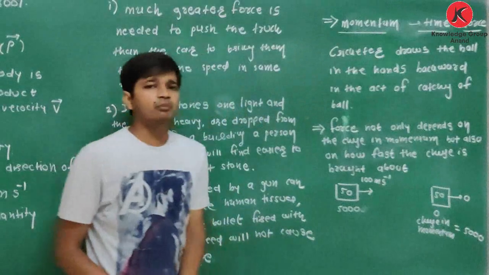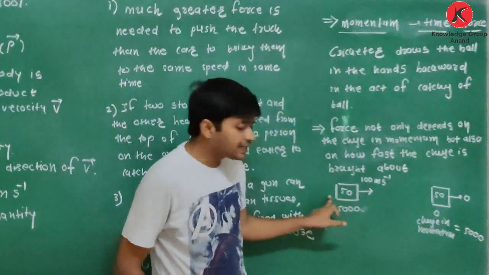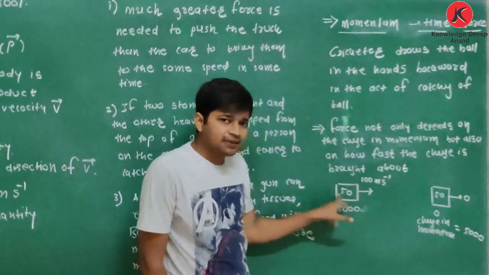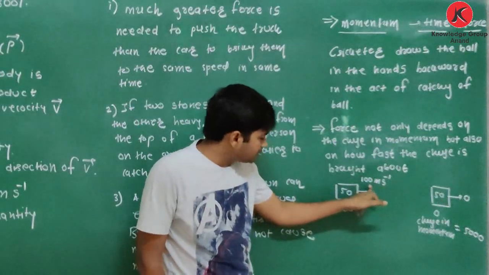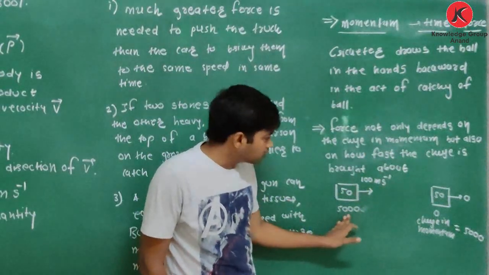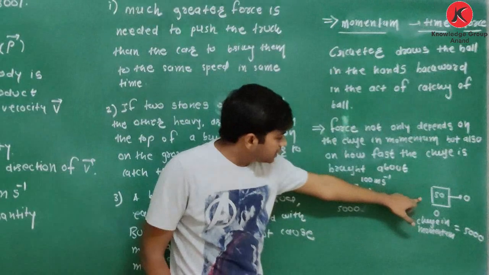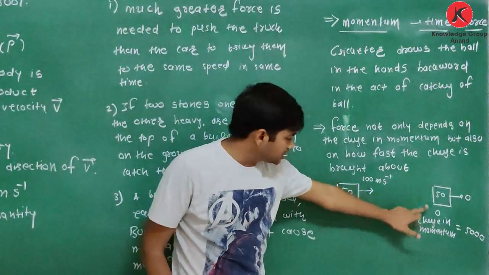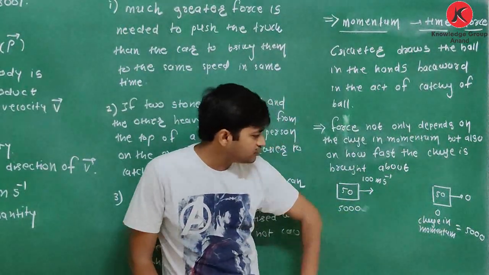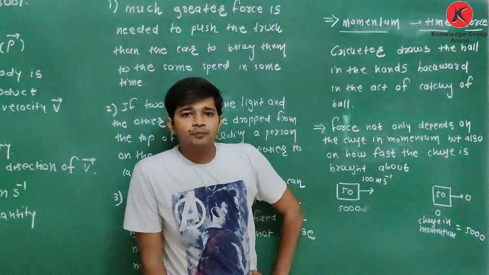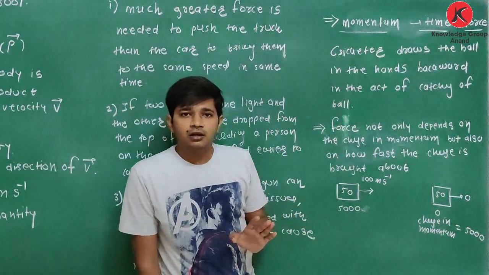So yes, that is the change in momentum. One car having mass 50 kg is moving at 100 meter per second, so its momentum is 5,000. I want to stop it, so its final velocity will become 0, and its momentum is 0. So what is the change in momentum? 5,000.